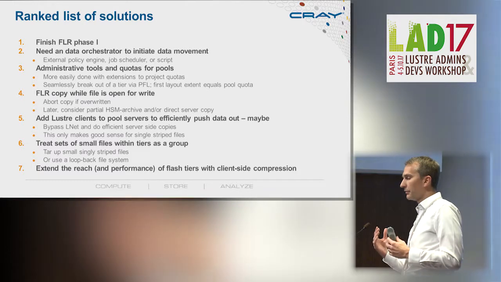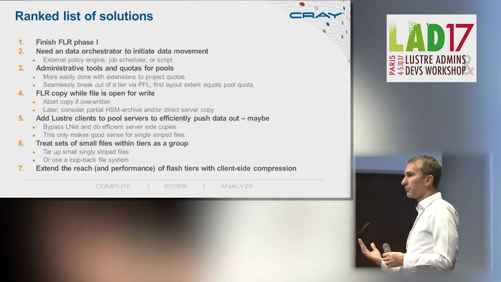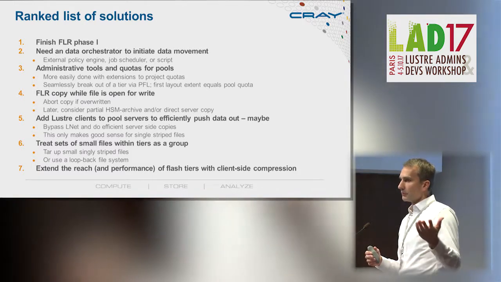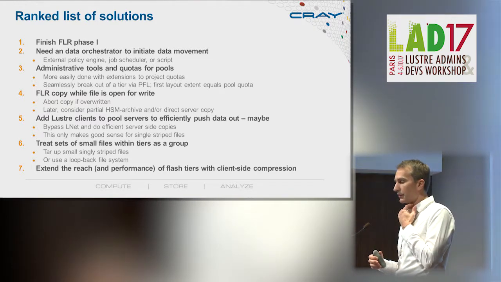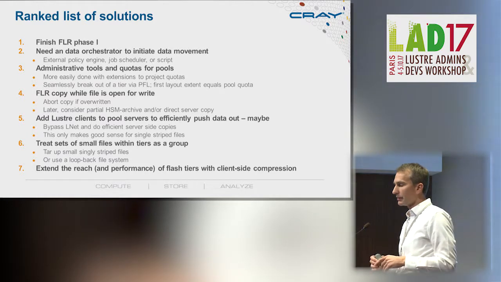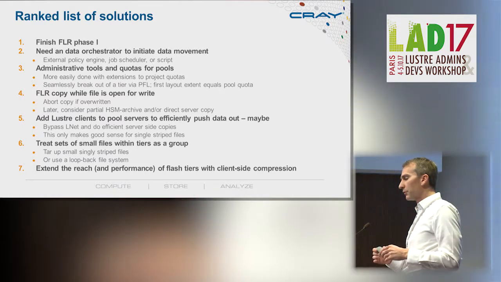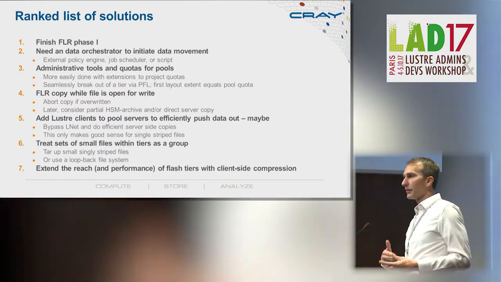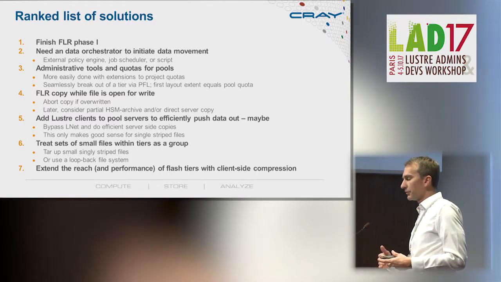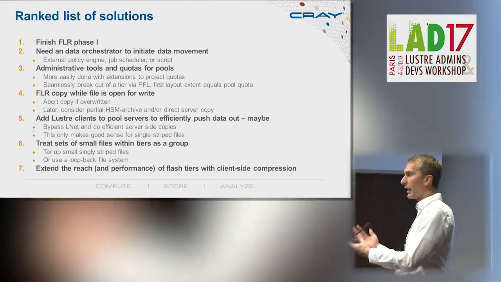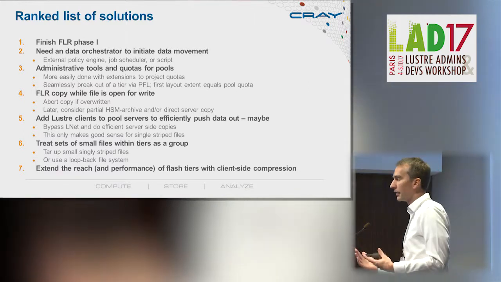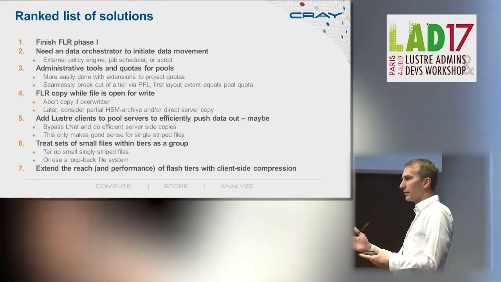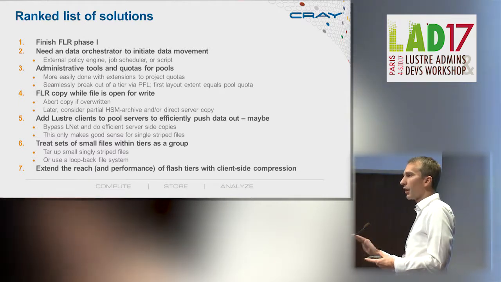So we need some administrative tools to set quotas for pools, and we can extend project quotas to fit the bill there. And then we'll have things like PFL to buy some insurance, so we can break out of the tier once we've hit our quota. We don't necessarily have to stop writing everywhere. So we need some sort of pool tier soft quota there.